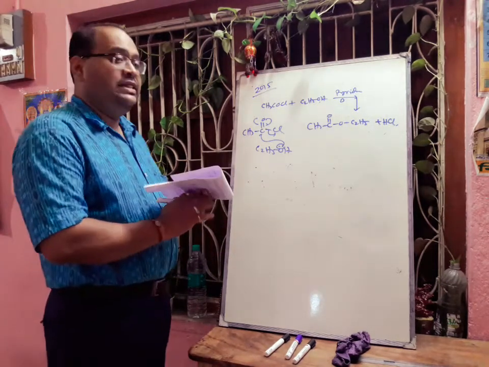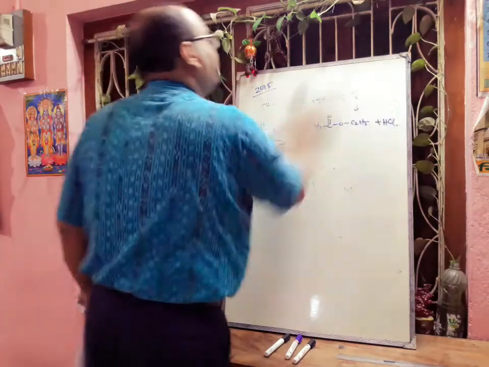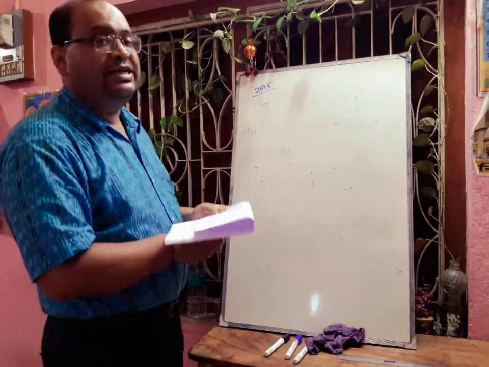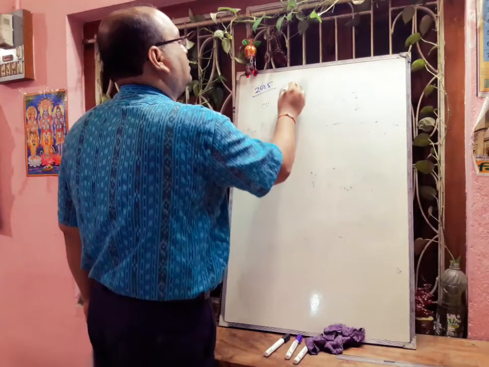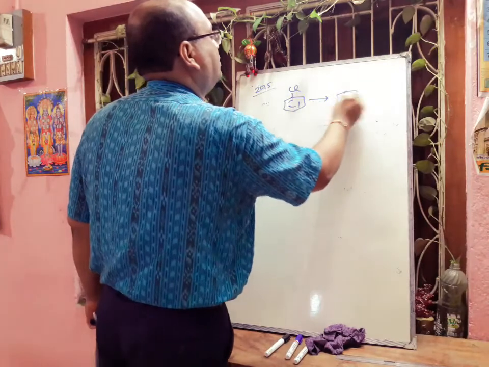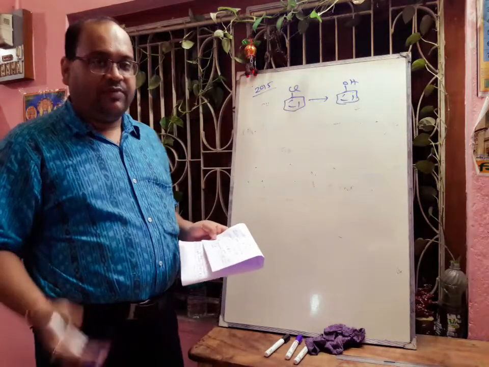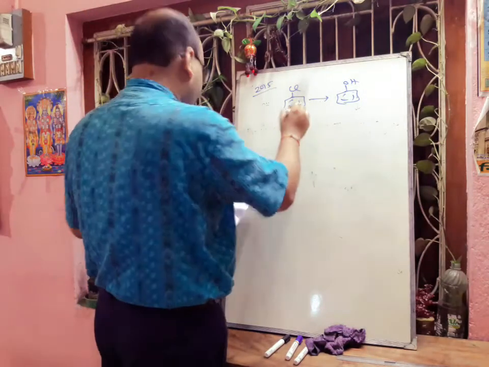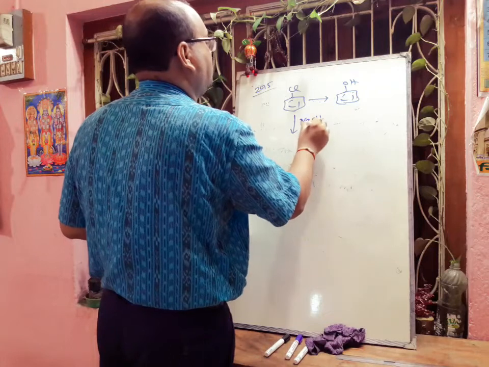Next question is given: how can the following conversion be brought about? Question is chlorobenzene to phenol. How will you carry out this conversion? So this is the very important Dow's process. Here in chlorobenzene, first we have to add 20% aqueous sodium hydroxide solution.